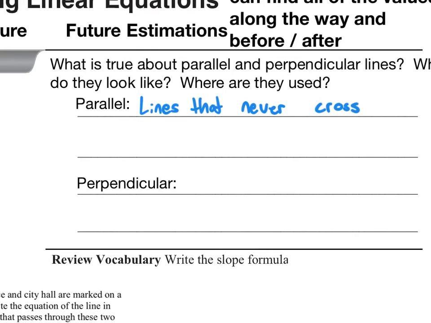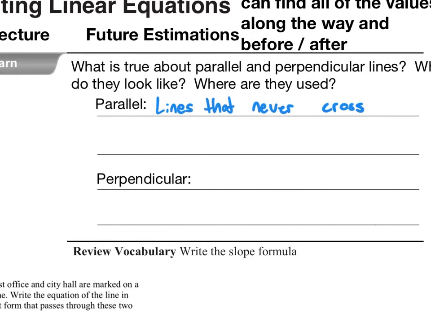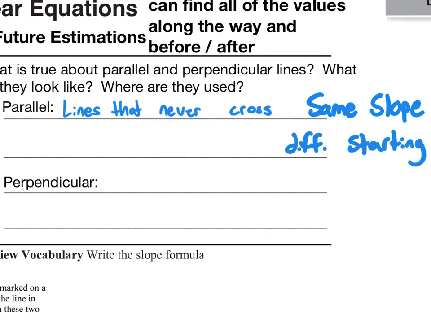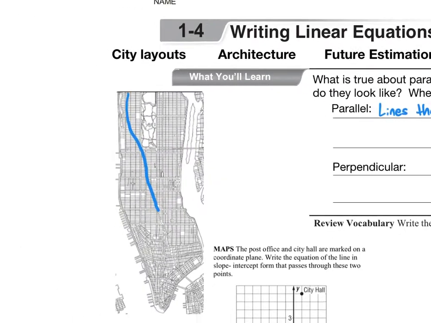What makes this true mathematically is that they have the same slope but different starting point, or y-intercept. So they are used for parallel roads, right? Roads that run the same direction, and a lot of times these will even be one-way streets.